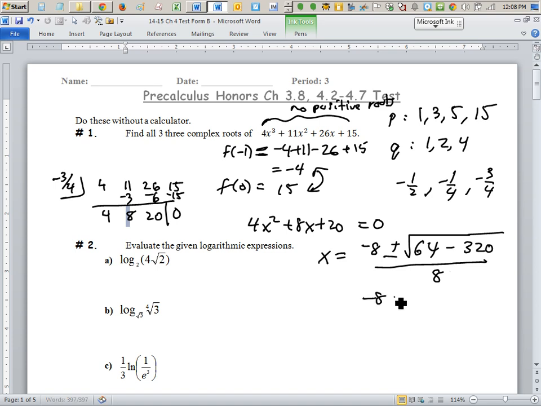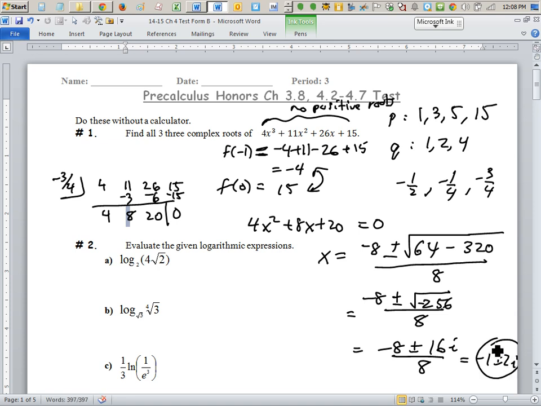So you end up with -8 plus or minus square root of -256 all over 8, which gives you -8 plus or minus 16i all over 8. The final answer, remember to factor out the 8 on top, is basically -1 plus or minus 2i. So my answers were -3/4 and -1 plus or minus 2i.